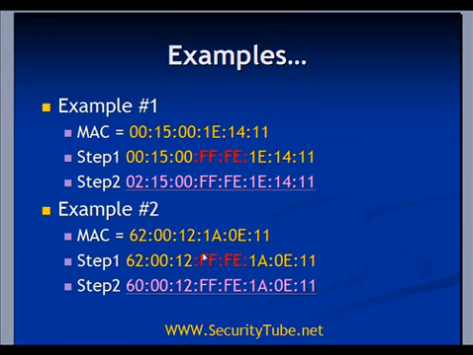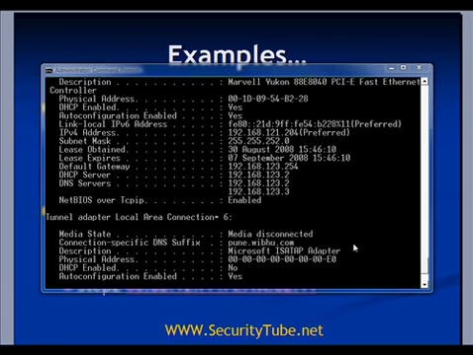If we take an example of a locally administered address, say 620012-1A0E11. After doing step 1, we have only inserted FFFE in between these two parts, so 620012-FFFE1A0E11. And after doing step 2, we will invert the 7th bit, so instead of 62, it will become 60, so it will be 600012-FFFE1A0E11.